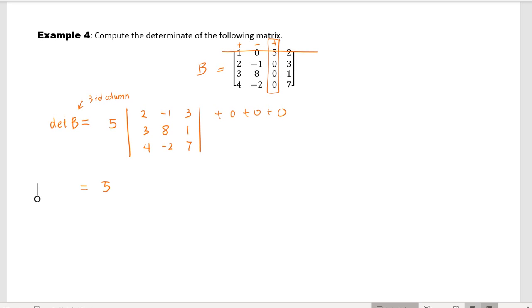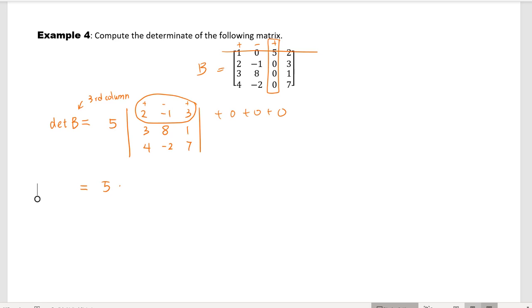So 5 times, here we want to compute the determinant of this 3 by 3 matrix. Because we don't have zeros, the difficulty is the same whichever row or column we pick. So we just pick the first row. Then we know this is plus, this is minus, this is plus.